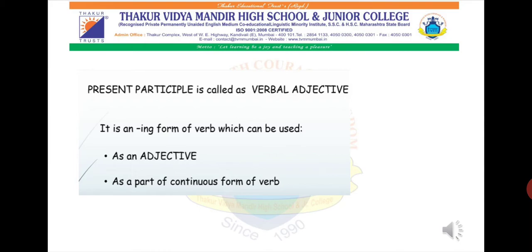For example, reading is a good exercise. Here reading is the subject, it is a gerund, and it is not an ongoing action. It is just telling us that reading is a good exercise. For now, no one is reading, but it is giving us the information that reading is good exercise.